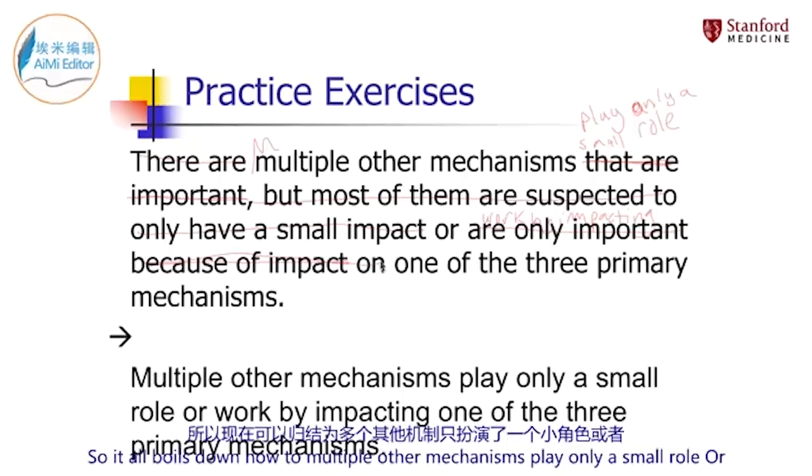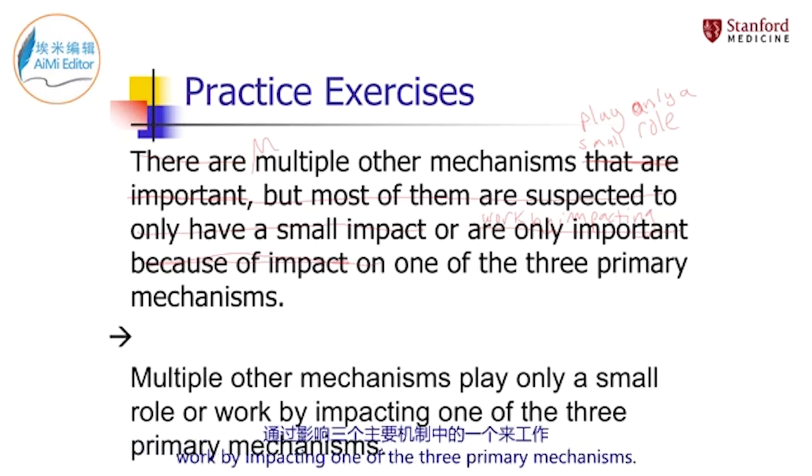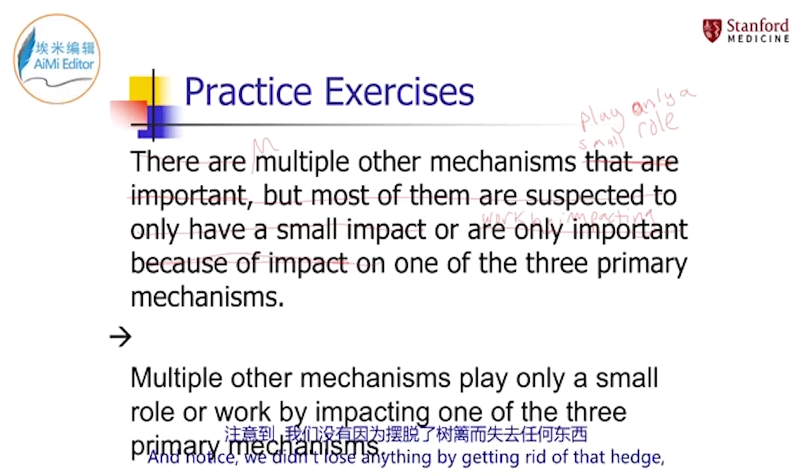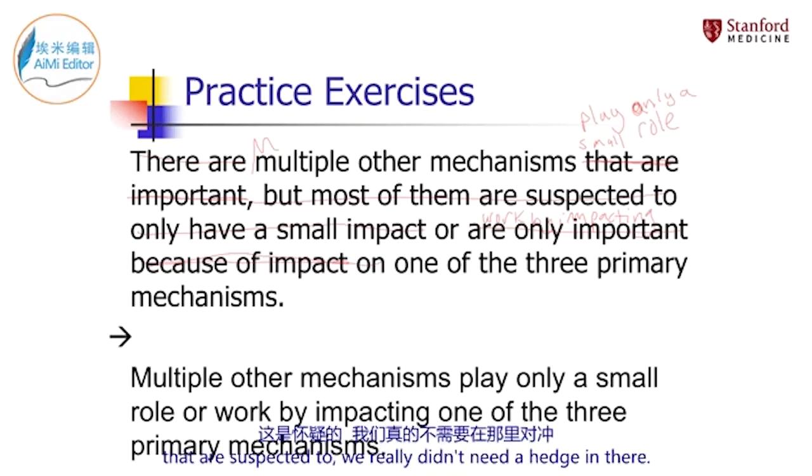So it all boils down now to "multiple other mechanisms play only a small role or work by impacting one of the three primary mechanisms." Notice how much we were able to drop here. And notice we didn't lose anything by getting rid of that hedge "are suspected to." We really didn't need a hedge in there.